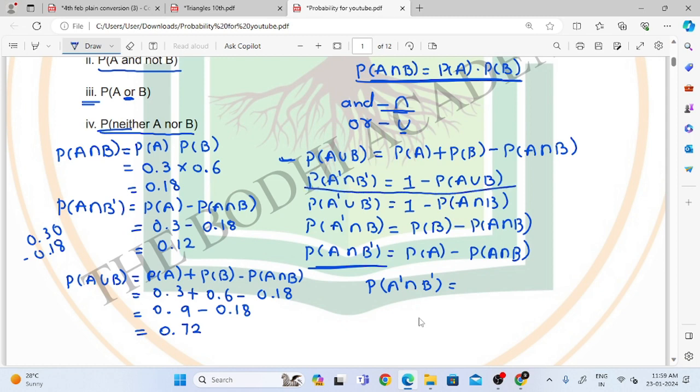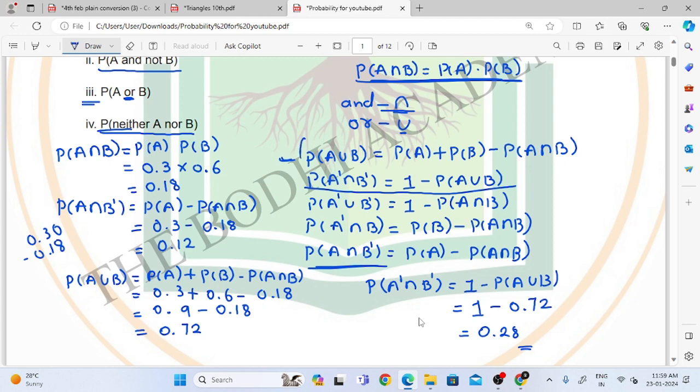That is 1 minus P of A union B, which we got as 0.72. So 1 minus 0.72, or you can do 100 minus 72, you'll get 28. So the answer will be 0.28.